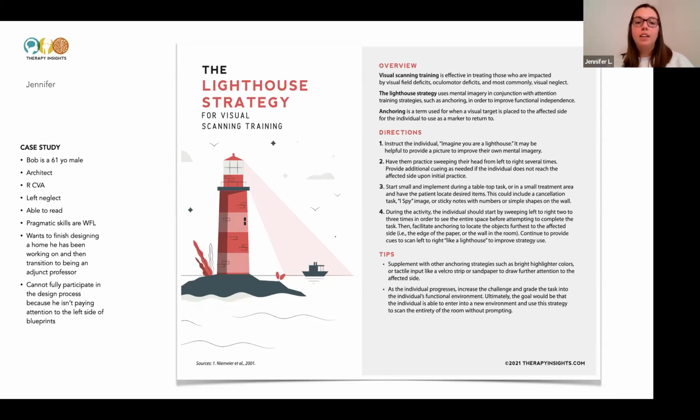This uses that analogy with a lighthouse to teach the patient how best to take on new environments, new activities, and implement those strategies to help organize their scanning. Excellent.